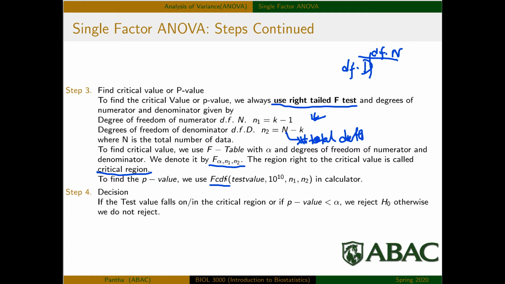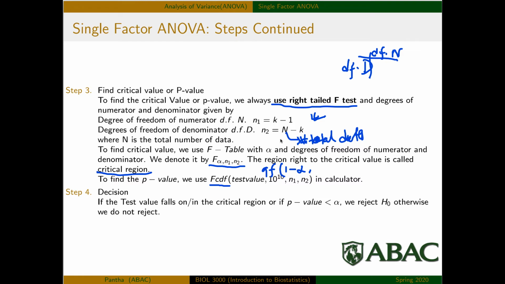By the way, I forgot to mention, how do I find the critical value? This is finding the p-value, right? You can use PF in R. But for the critical value, you can use QF. So what you need to do is QF of 1 minus alpha, because R always uses the left area.